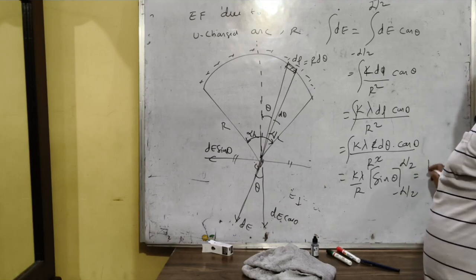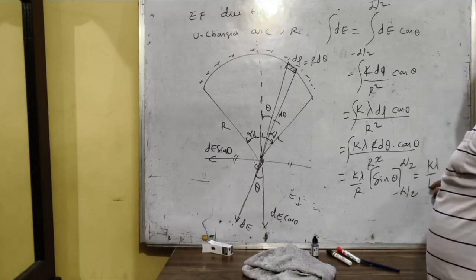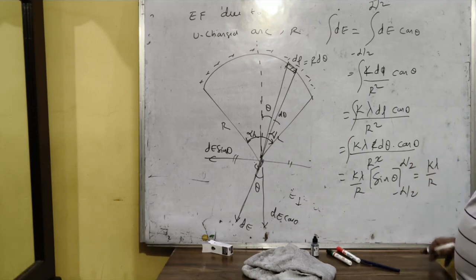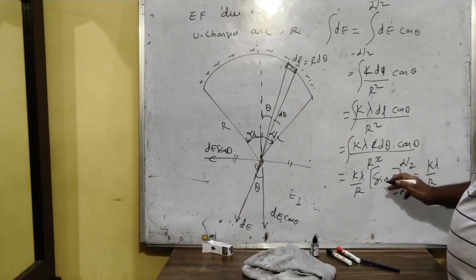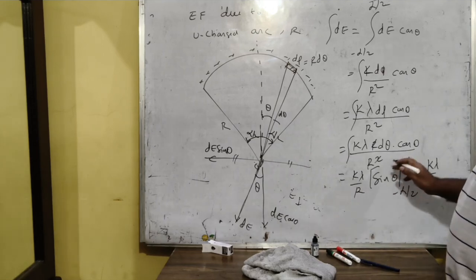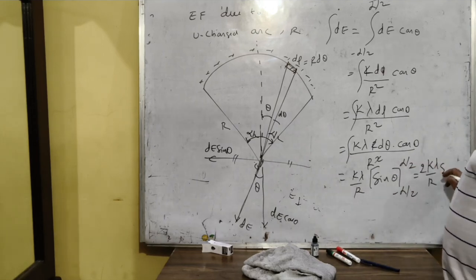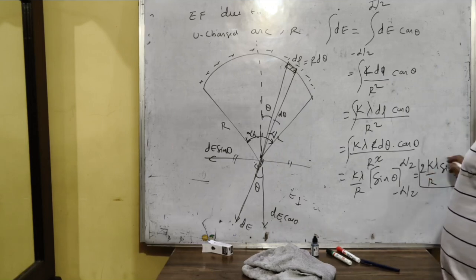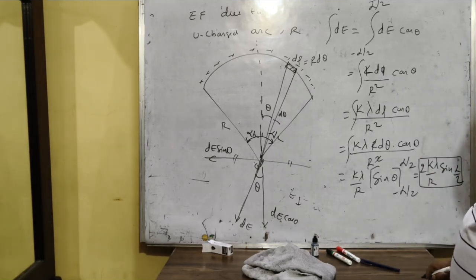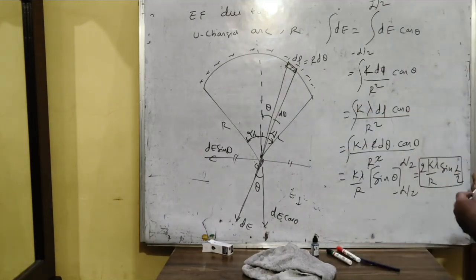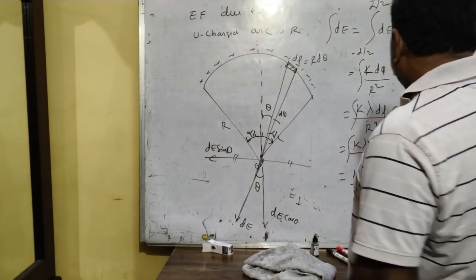Apply these limits: k lambda by r, sin alpha by 2 minus of minus, so plus here also, because sin of minus alpha by 2 is minus sin alpha by 2. That's why sin alpha by 2 plus sin alpha by 2, how much? 2 sin alpha by 2. This is the electric field due to any arc with uniform charge distribution.